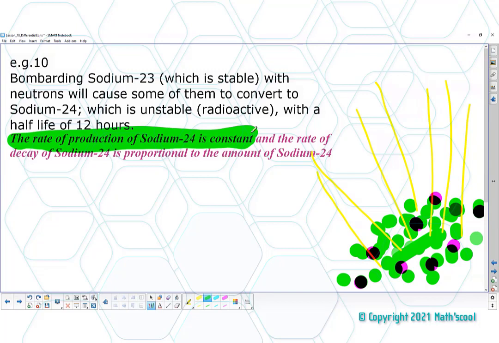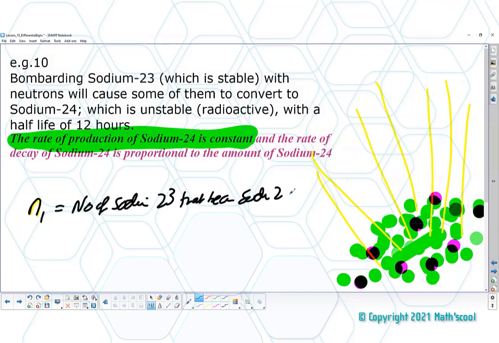So let's say N1 equals number of sodium-23 that become sodium-24, and T equals time. So dN1 by dt is just a constant.